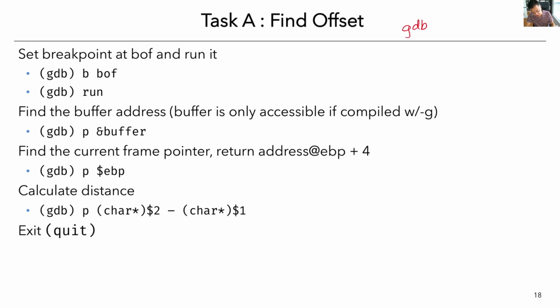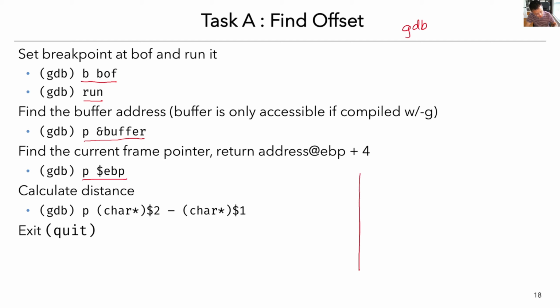In GDB, we set a breakpoint at bof. Then we run this program, and it will stop at the vulnerable function. Then you can print the buffer, and then you can print EBP.